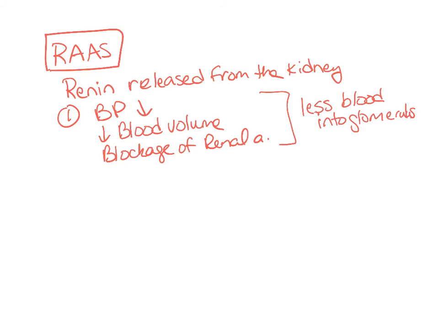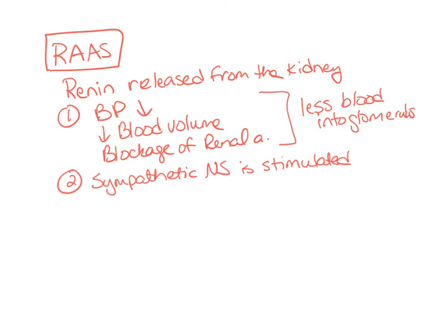Another thing that will cause the release of renin is a stimulation of the juxtaglomerular cells by sympathetic innervation. So if the sympathetic nervous system is activated, your fight or flight, then renin will be released from the kidney as well.